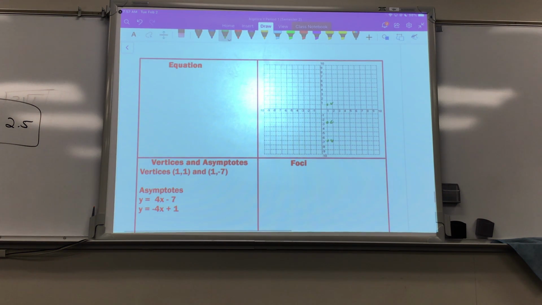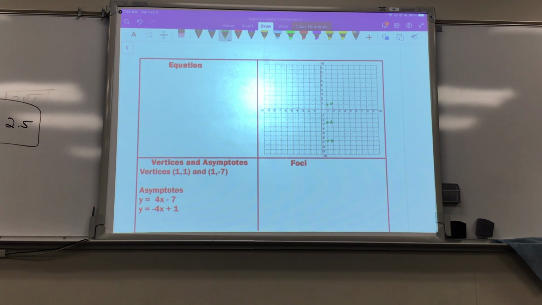Now, when you plot those asymptotes now, what should be a common point between those two lines? Morgan, what would be the common point between those two lines? Center, right? Those asymptotes always go through center.